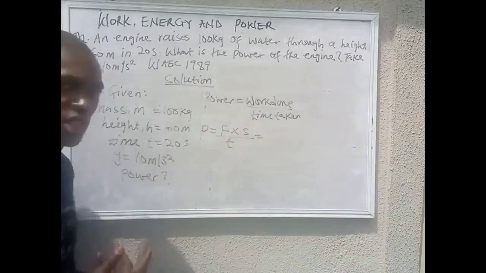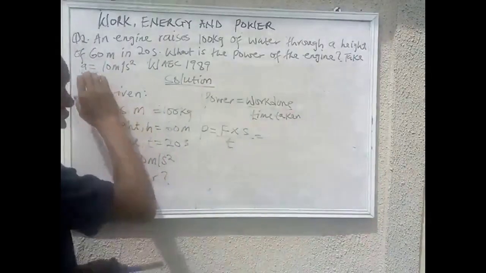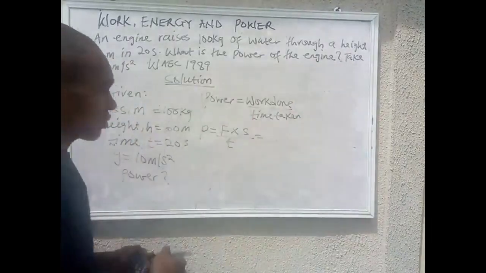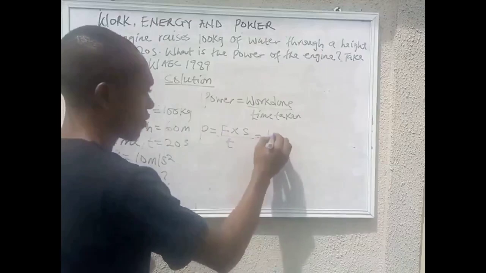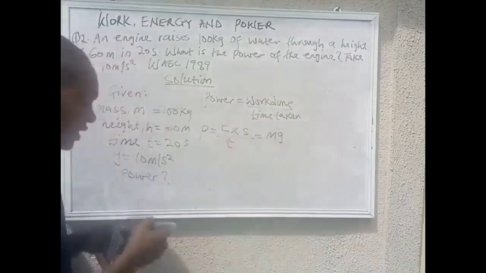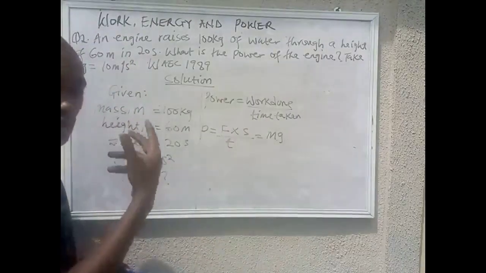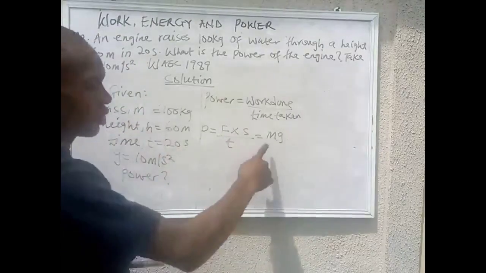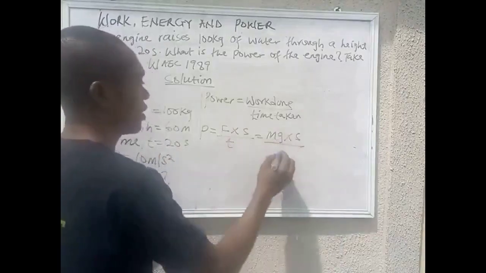We don't have a linear acceleration. We only have acceleration due to gravitational force. So we're going to present force as F, and F becomes mg, because force is mass times acceleration. So acceleration here is due to gravity, not a linear one. So we have mg times s over t.